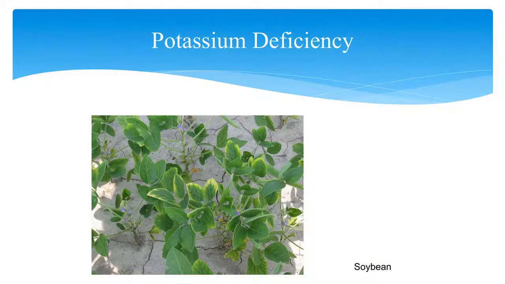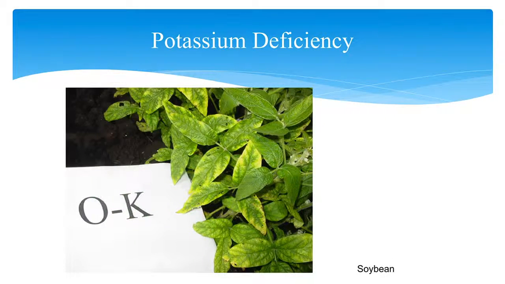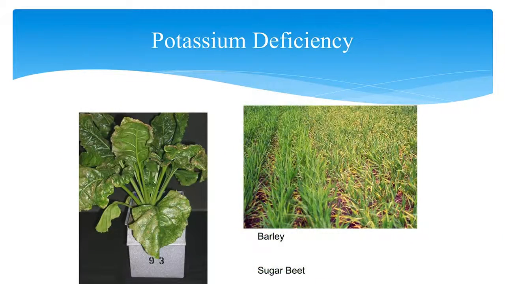Again, a little bit of that yellowing around the edge on soybeans, kind of what that looks like. And even though we don't grow soybeans here, just think of most dicots, okay? So usually we'll show some differences between things. This is what it looks like with 0 potassium. And then we've got beets and barley.